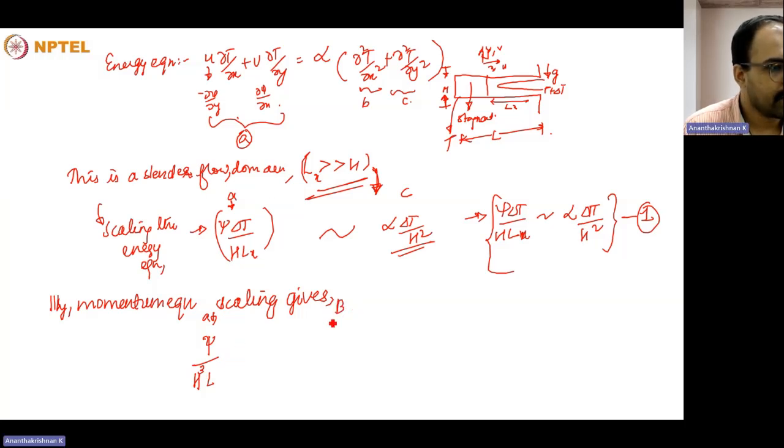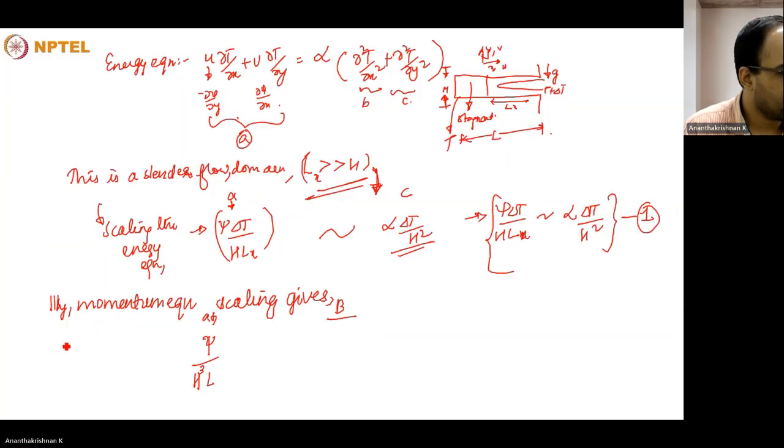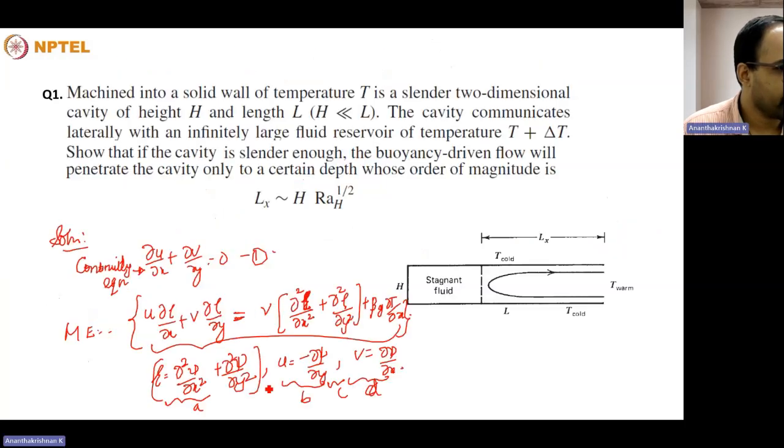The B term will become, so U into dou epsilon divided by dou x. Epsilon can be scaled as psi divided by h squared plus psi divided by L squared based on this equation.